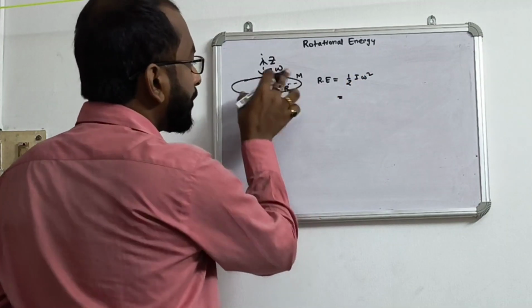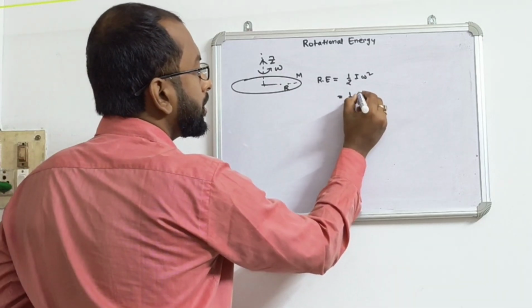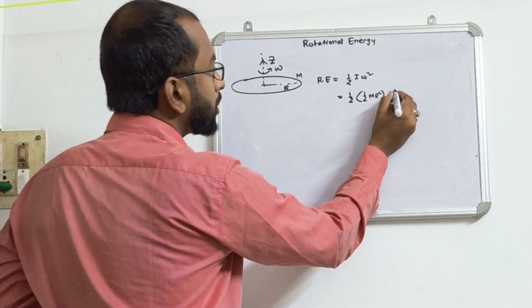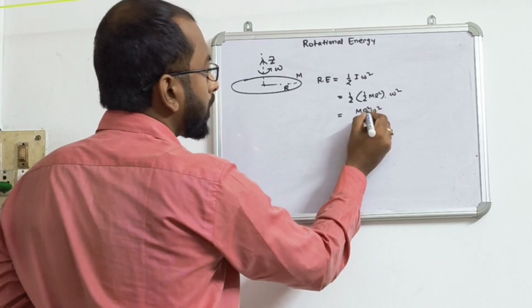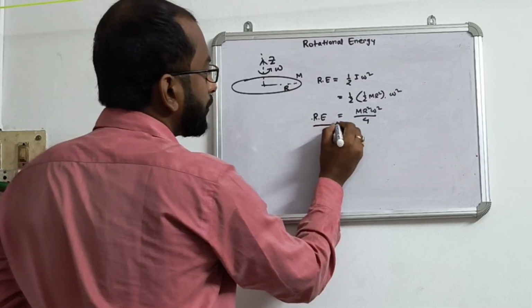Now what is I for this disk with respect to this axis? I is half of m r square. So m r square omega square by 4 is going to be the rotational energy for this disk.